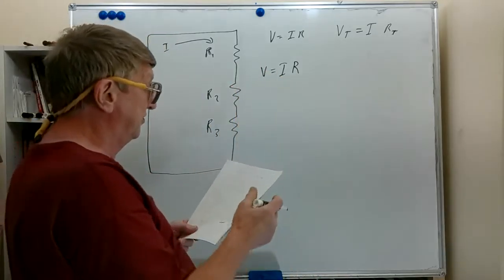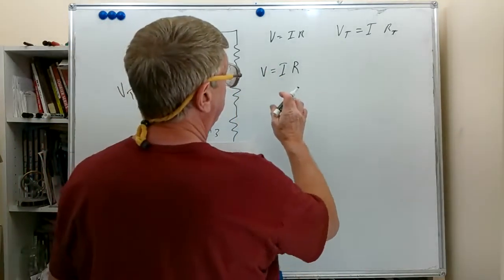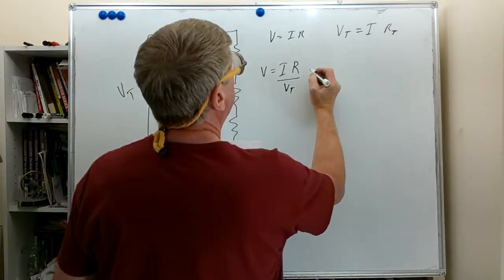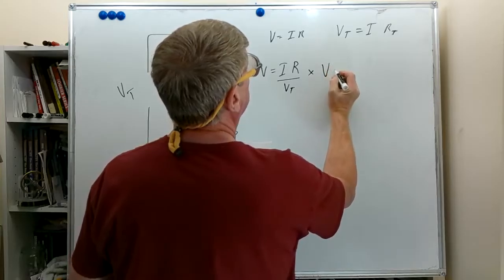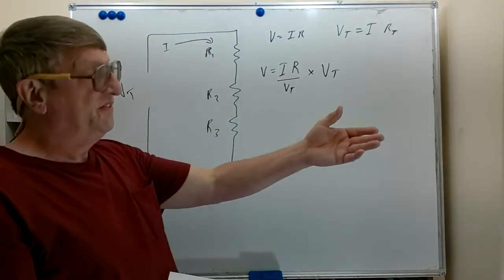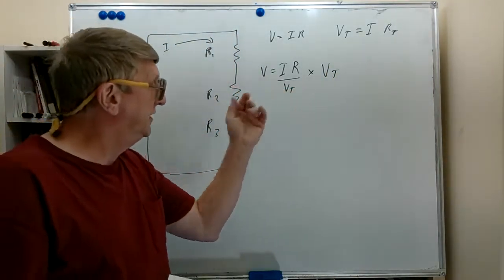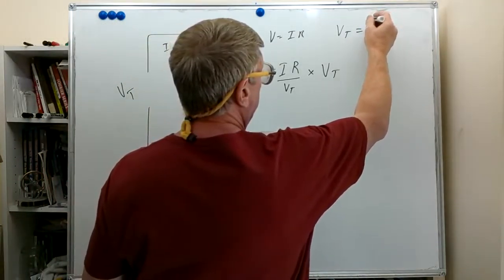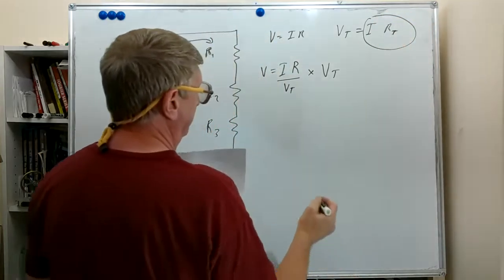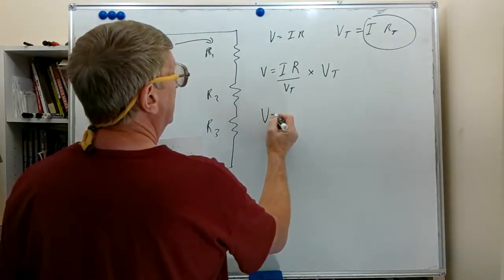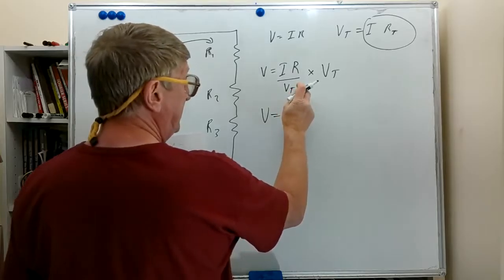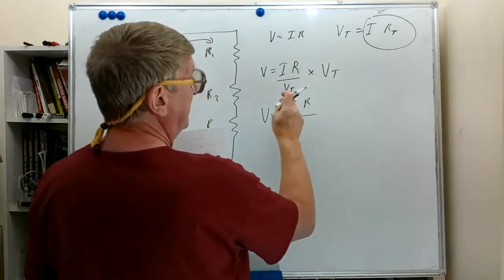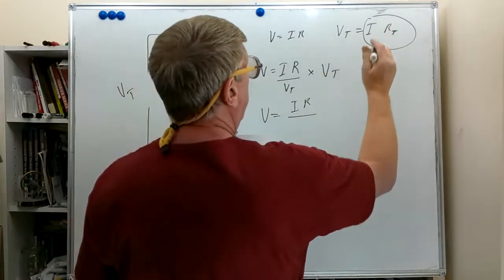So what we're going to do with this, we're going to divide this by VT, the voltage total, and we're also going to multiply it by VT, the voltage total. Well, initially this doesn't look like much, but let's substitute this expression in for VT. For the VT in the denominator, instead of this version of VT, we're going to have I times RT.